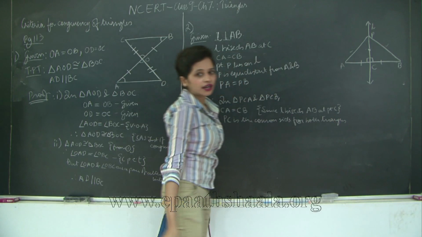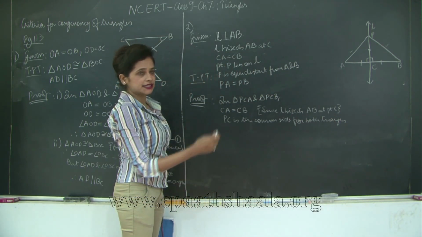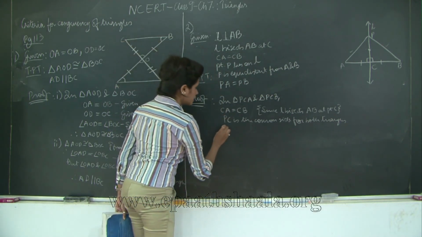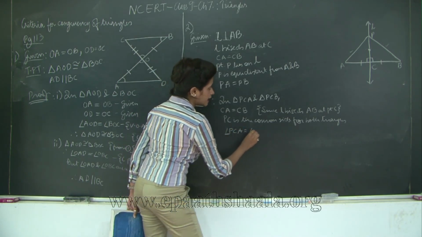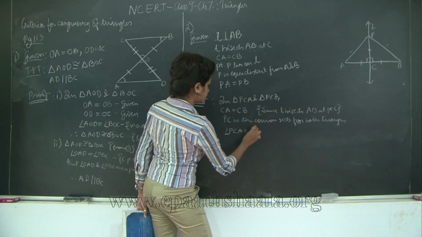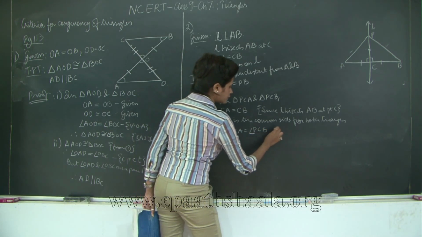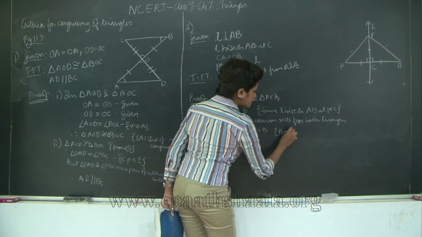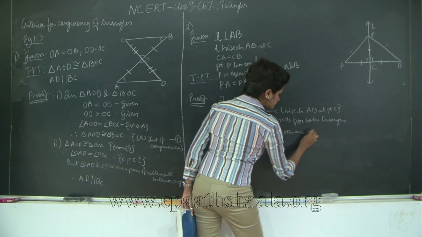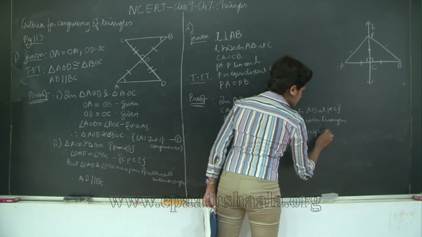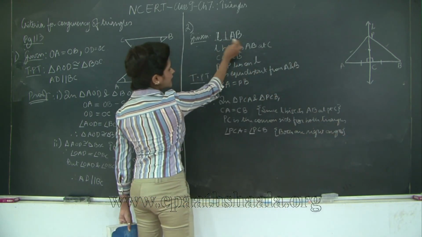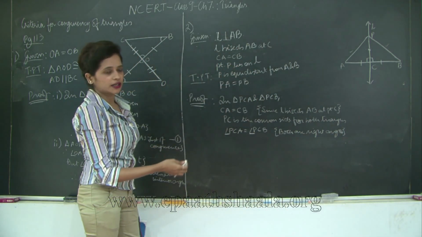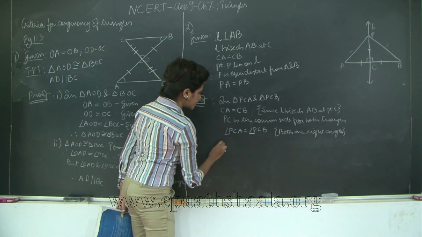So you have found another pair of congruent sides, which is PC for both the triangles. Then you have angle PCA is equal to angle PCB. Both are right angles. Why both are right angles? Because it's been given that L is perpendicular to AB. Therefore, what can I say?